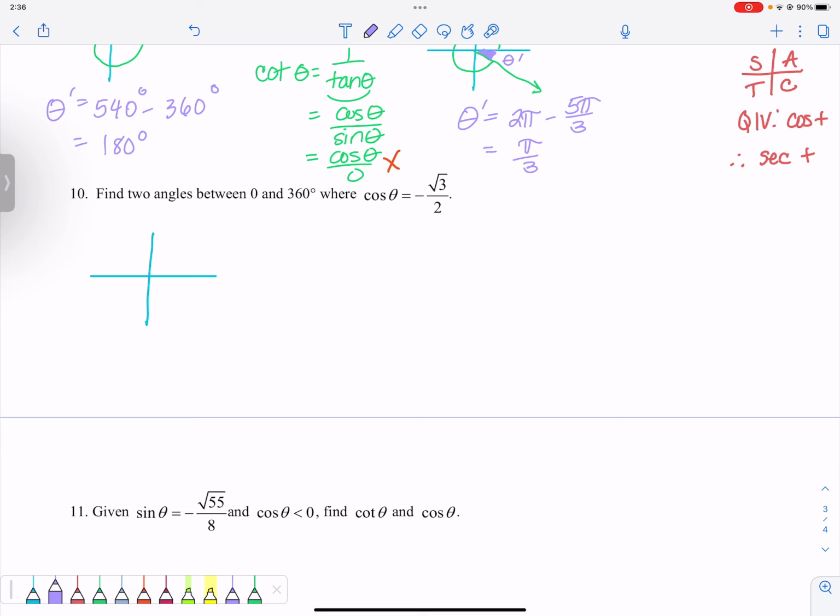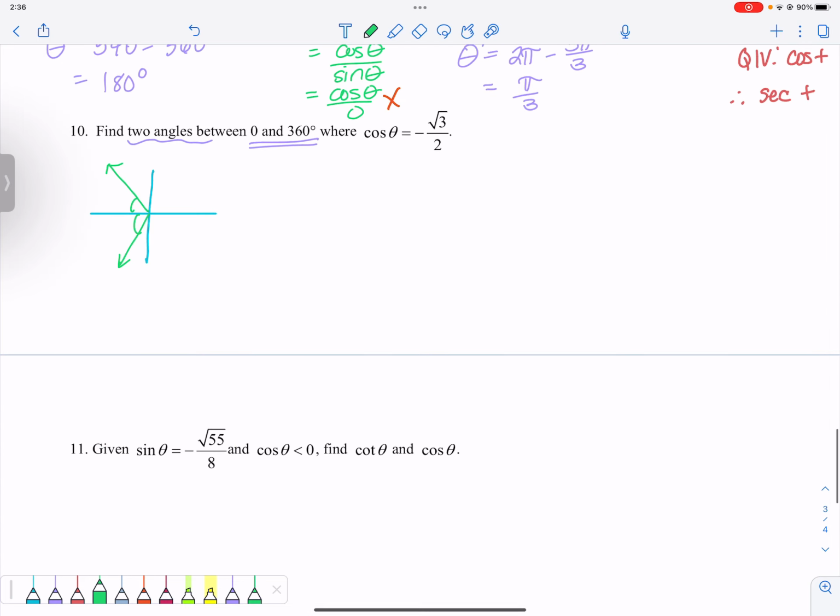Okay, find two angles between 0 and 360 degrees where the cosine of theta is equal to the opposite of the square root of 3 over 2. So keep in mind that we have, let's go ahead and just sketch this on there. We have 1 here and 1 angle here. Why is that?